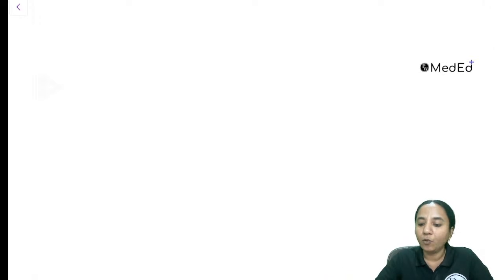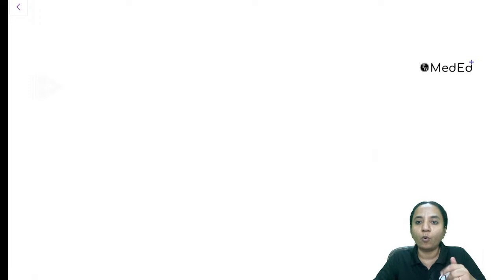See, there are two ways in which this particular question can be asked. Let me go through the topic once very quickly and then I will come back to the answer. We have to remember that eye movements take place in three axes. What are the three axes?